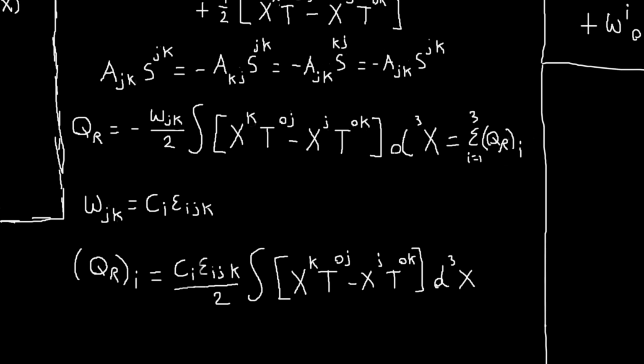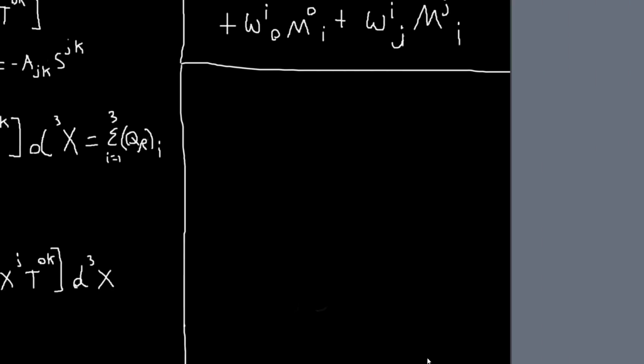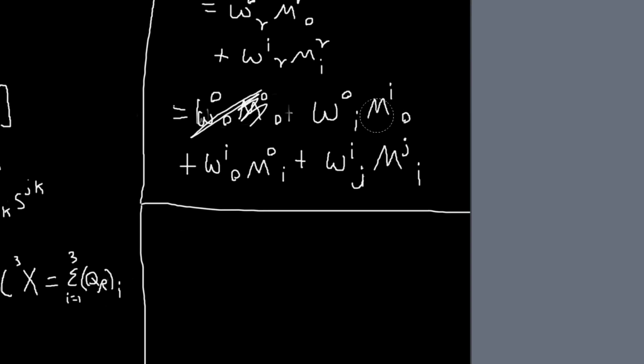Since in this expression I'm not summing over i, the ci is just some number, so I'm free to divide it out and define my conserved charge to be this. This is the expression that David Tong has in his notes. So we're finished with rotations. Next time will be boosts, where we'll have to deal with these 2 terms.